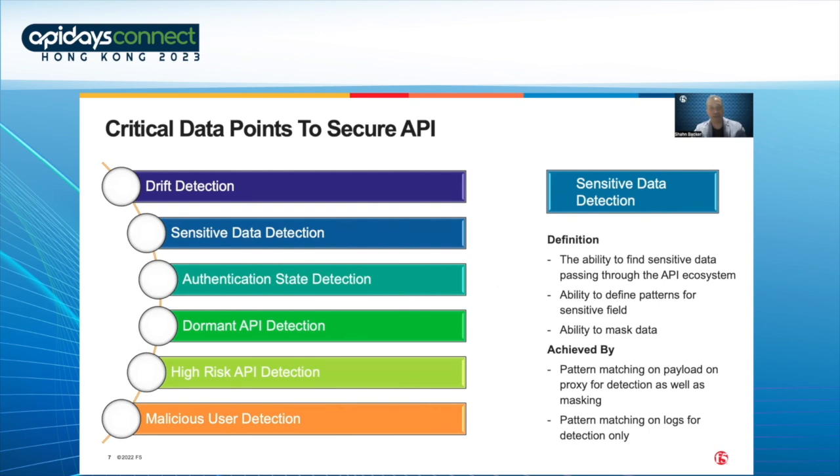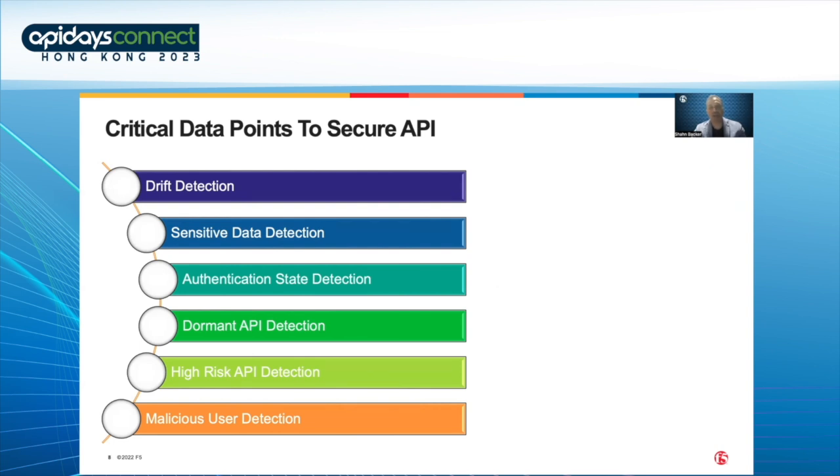Next on our list is authentication state detection. And this is really, really crucial. We also saw this problem in the breach case study that we shared. So a lot of times we see that there will be applications and they will have a platform and they will have mechanisms to do authentication.